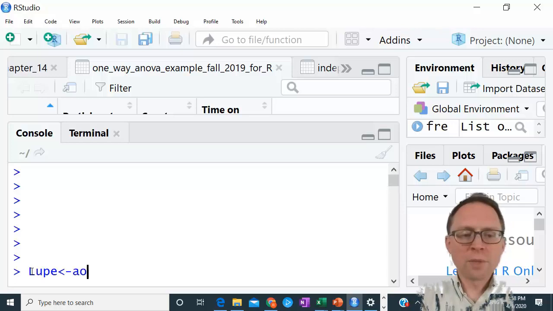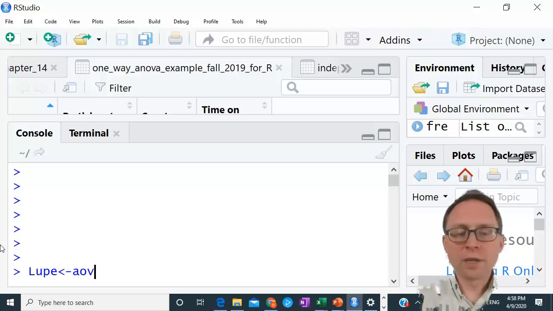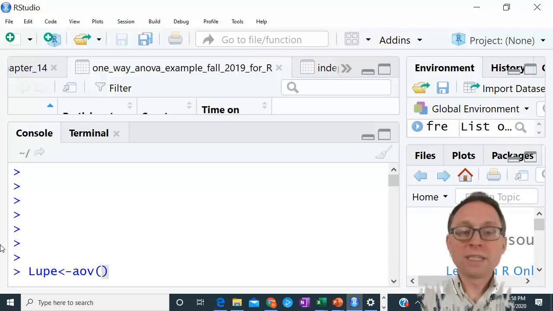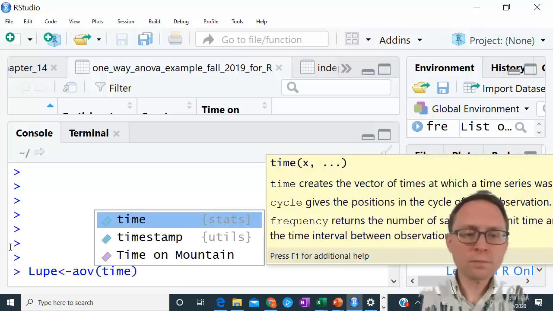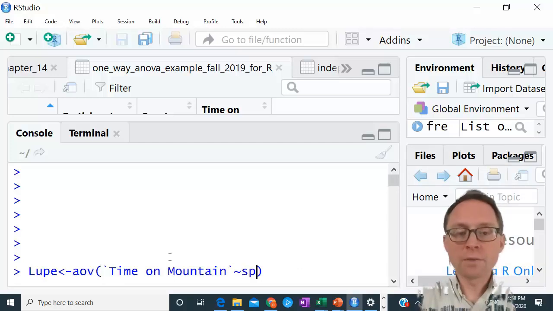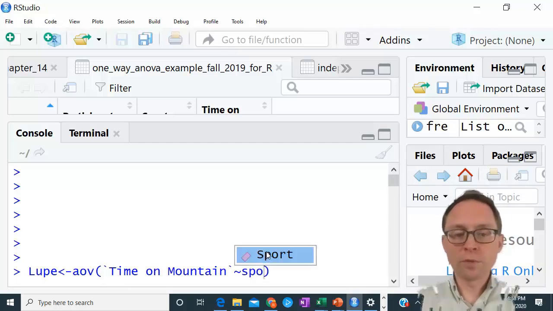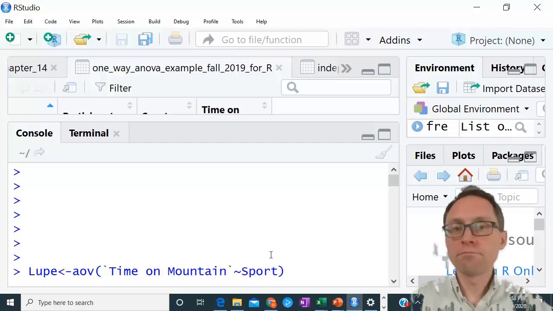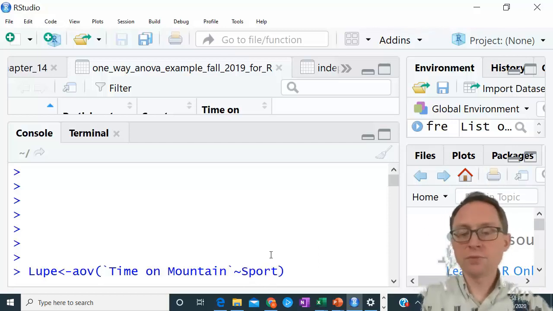So Lupe is going to be an analysis of variance. In RStudio, we call it AOV. And then you take the dependent variable first, which is time on the mountain, and then you put a tilde, meaning I want to separate time on the mountain by the sport that you prefer. And that's it. That's going to be a one-way analysis of variance.